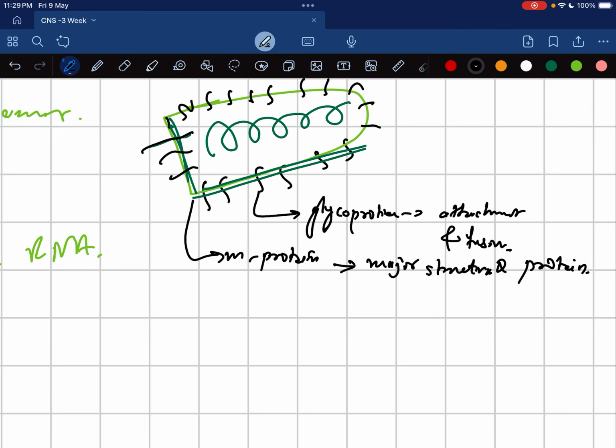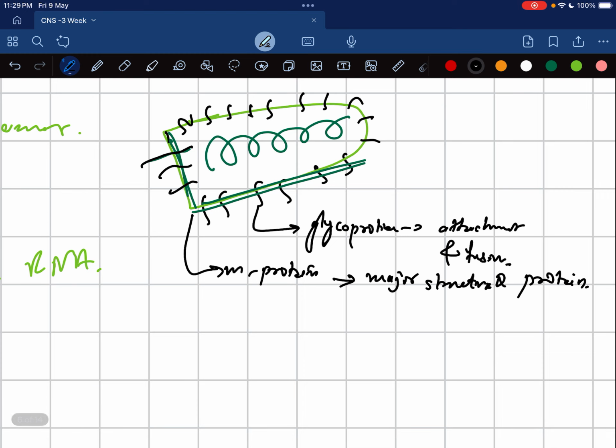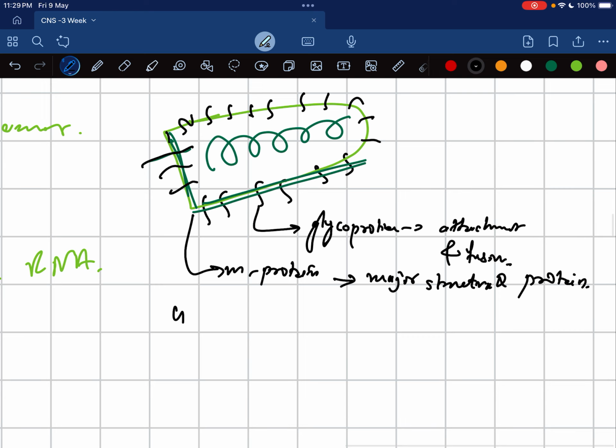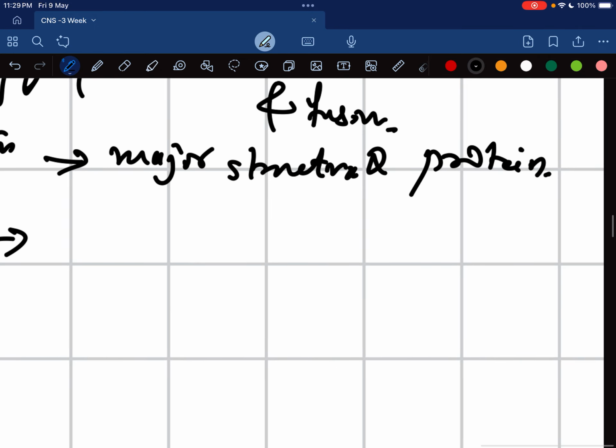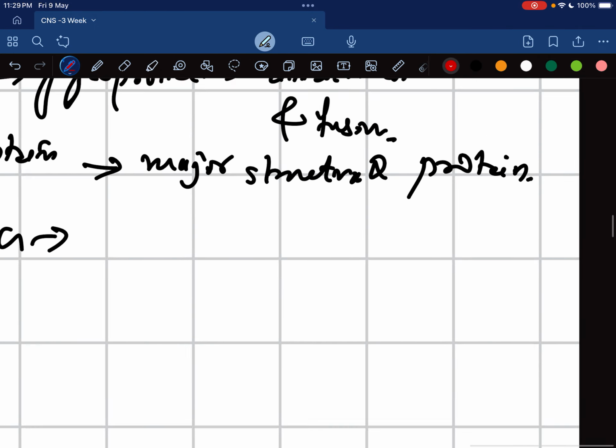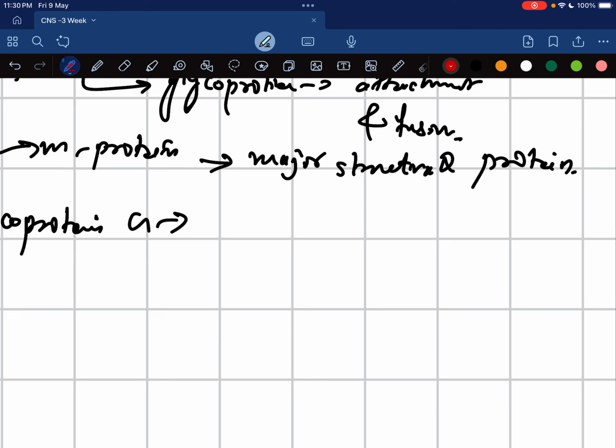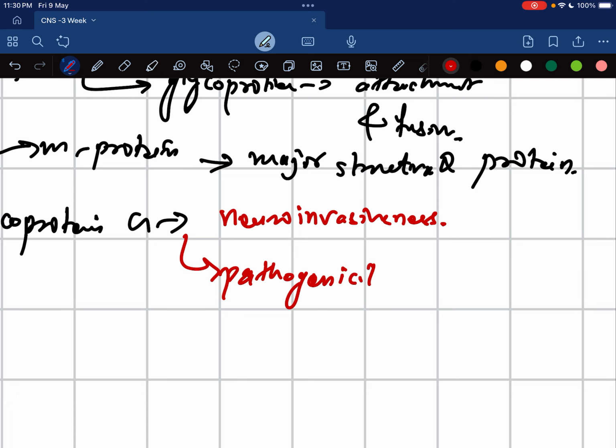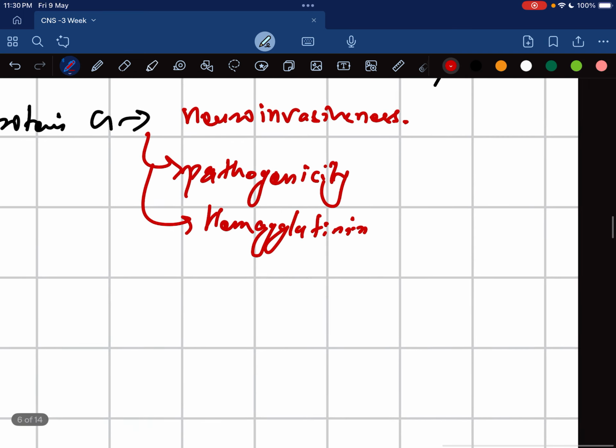Then there is glycoprotein G. It is the major factor responsible for virus invasiveness and pathogenicity, and it also has hemagglutinin activity.